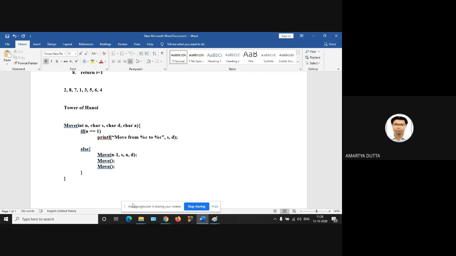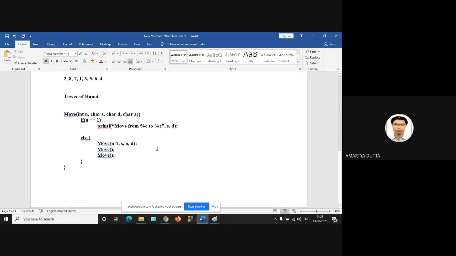And then in the second recursive call, the number of disks will be 1, and these are moved from source to the actual destination using the auxiliary.